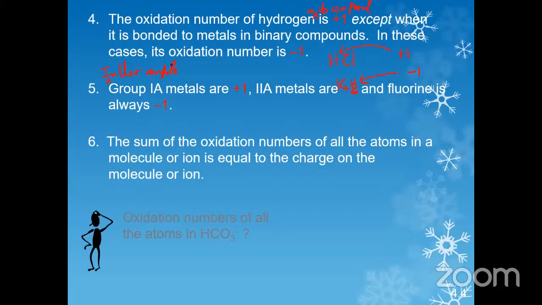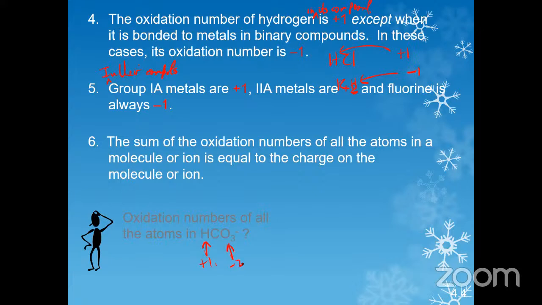Let's say you're given the bicarbonate ion, HCO3-, and you're asked what the oxidation numbers of all the atoms in that ion are. Based on the previous rules, we know that the hydrogen here is +1, and the oxygen has an oxidation number of -2.